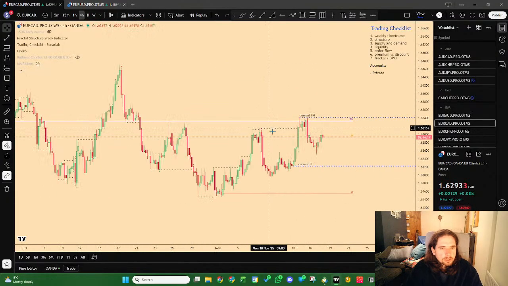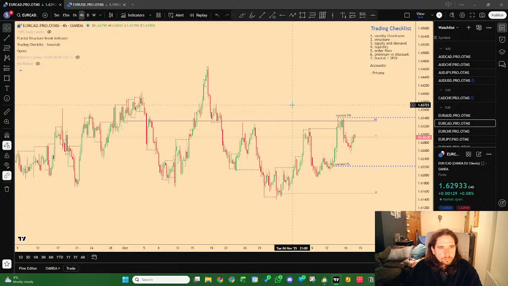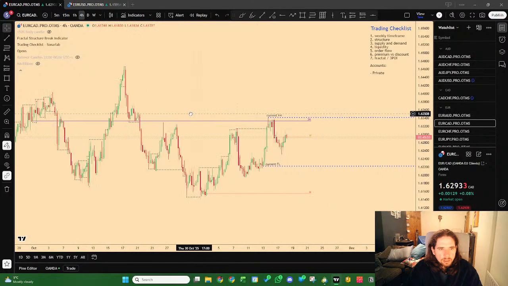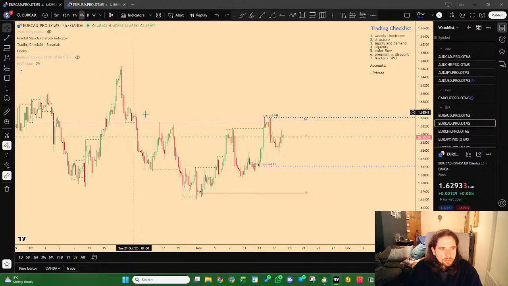We're still between these two fractals, so that's a high, and then it's changed to low, high, and now it's a bit of uncertainty, and we've taken that liquidity there. We've tapped into this area of supply, and that's what dropped us down into this area of supply.